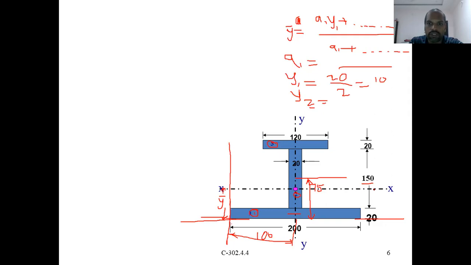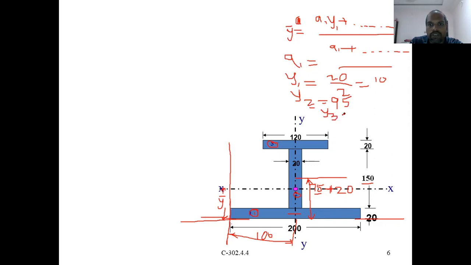Sorry, 75, but we need from here, so that is 75 plus 20. The first one, 75, is 150 by 2, and this one from here is 20. 75 plus 20 means 95. Y2 is equal to 95.